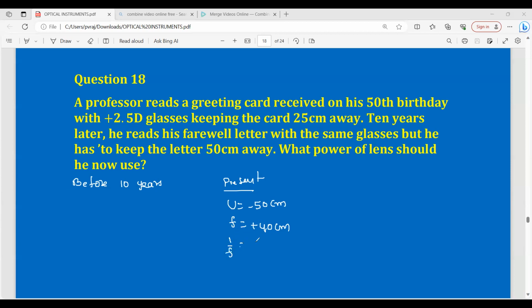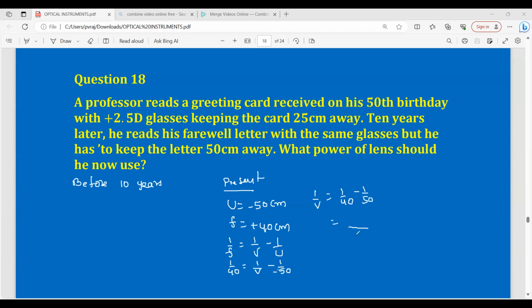Now you write down 1 by f equal to 1 by v minus 1 by u. So that is 1 by 40 equal to 1 by v, which we don't know, minus 1 by u, which is minus 50. This will be plus 1 by 50. Finally 1 by v equal to 1 by 40 minus 1 by 50.